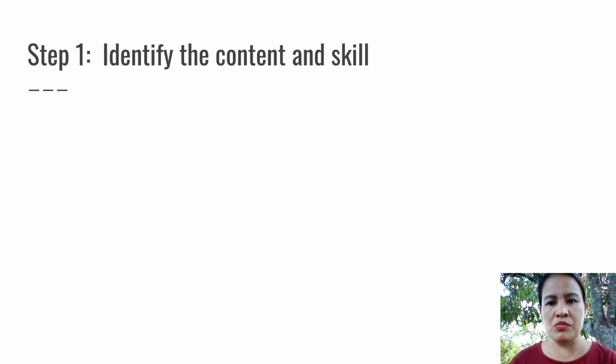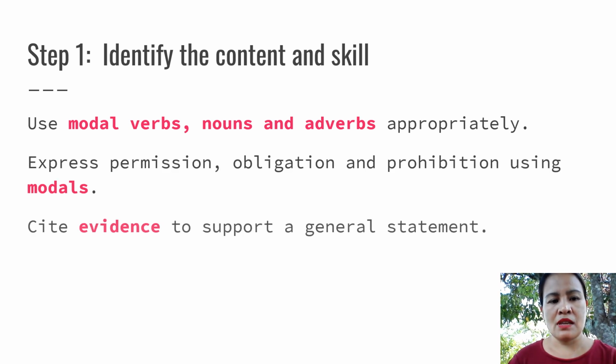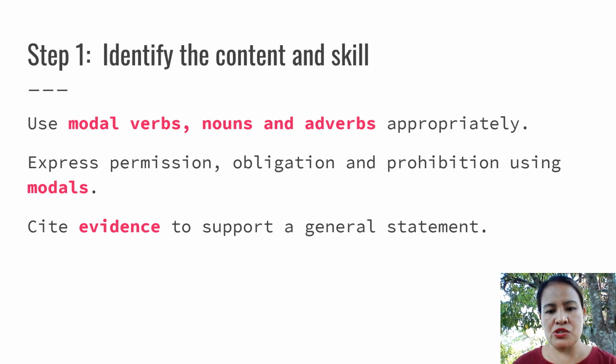So in these examples from English 9, I have highlighted all the contents. So as you can see, you have here use modal verbs, nouns, and adverbs appropriately. Express permission, obligation, and prohibition using modals, and cite evidence to support a general statement.